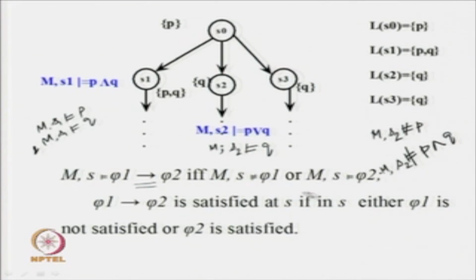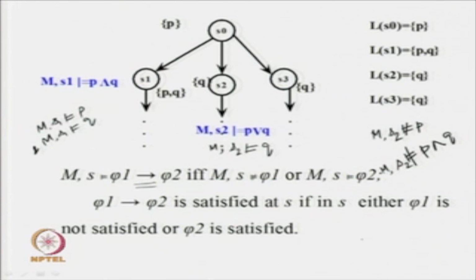So basically, phi 1 implies phi 2 is satisfied in S if either phi 1 is not satisfied or phi 2 is satisfied. So, either of these two conditions.